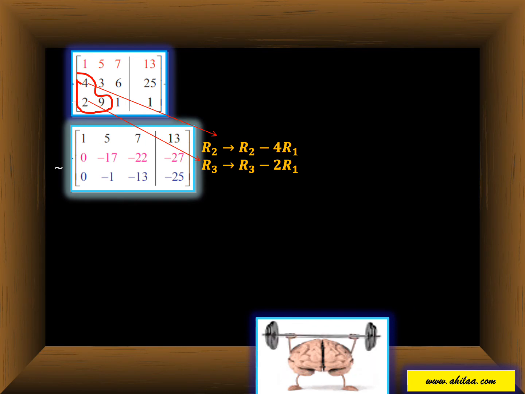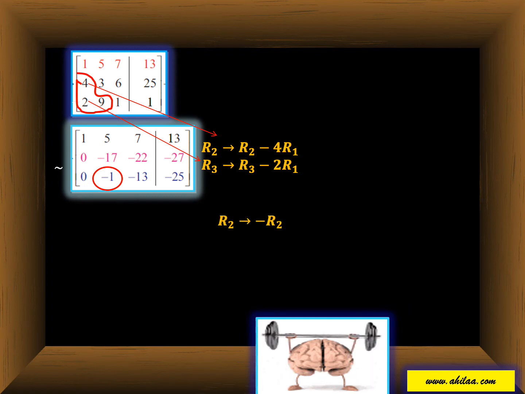first row as it is: 1, 5, 7, 13. Second row, after making this operation, we get 0, minus 17, minus 22, minus 27. And third row as 0, minus 1, minus 13, minus 25. Yet I need to make this minus 1, that is the A32 place, as 0.